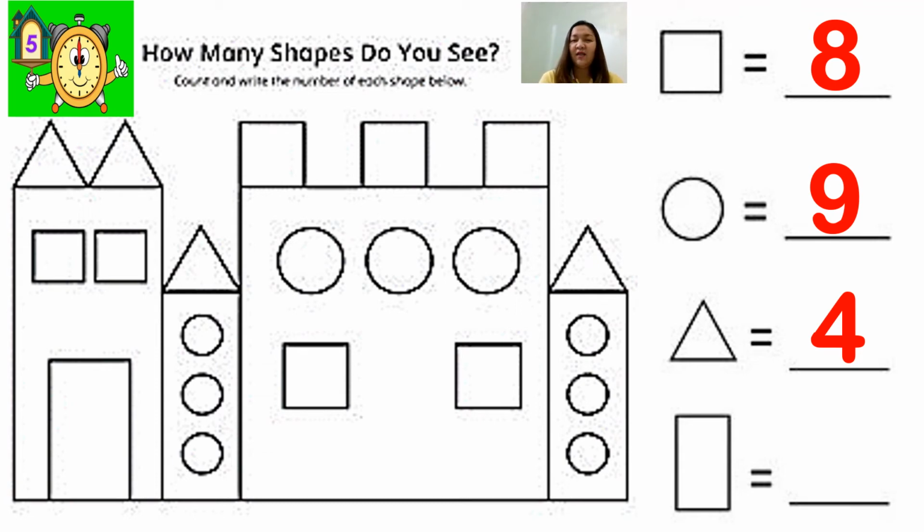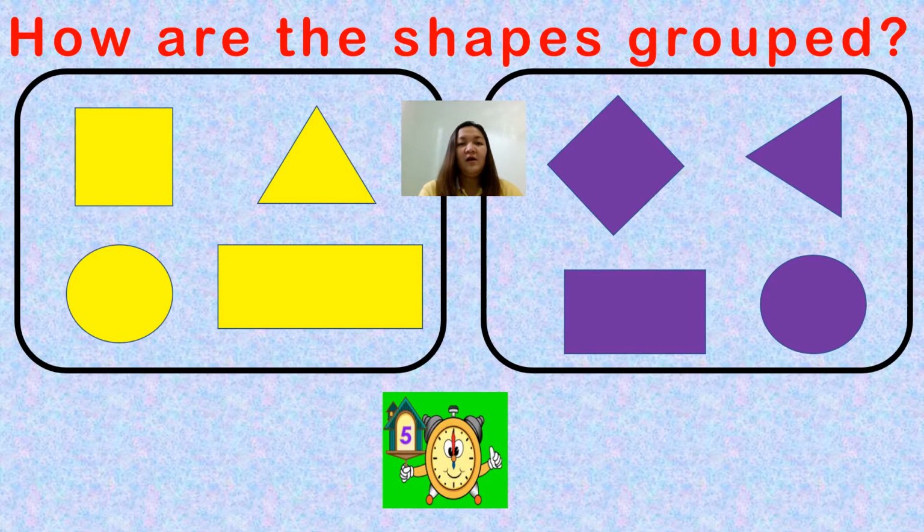And the last one, how many rectangles are there? Let's count. 1, 2, 3, 4. There are 4 rectangles.